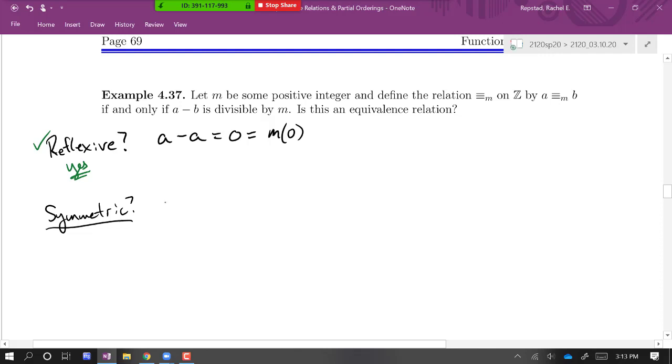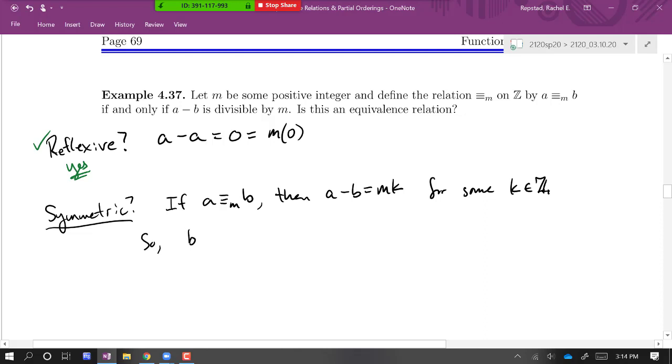So let's say if a is related to b, then that means a minus b is a multiple of m, say m times k. So that means b minus a is just going to be what?